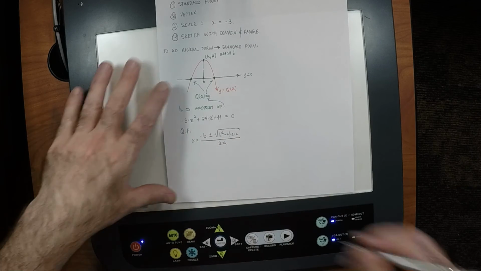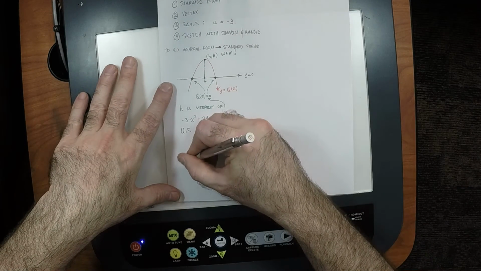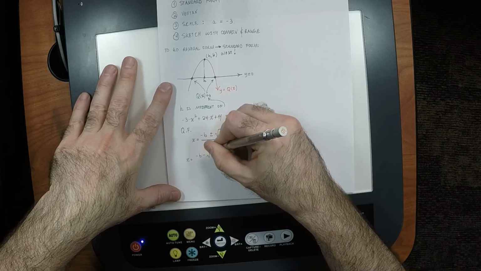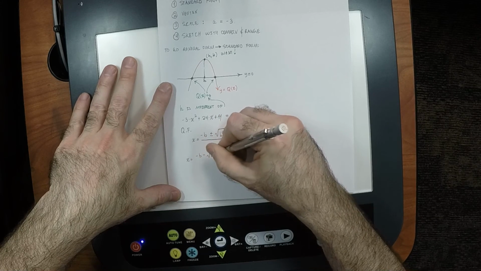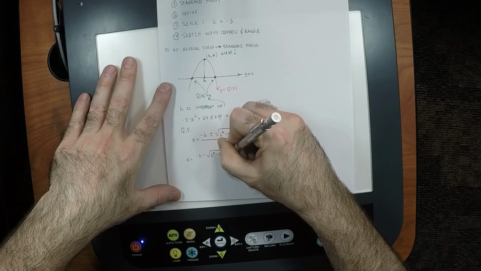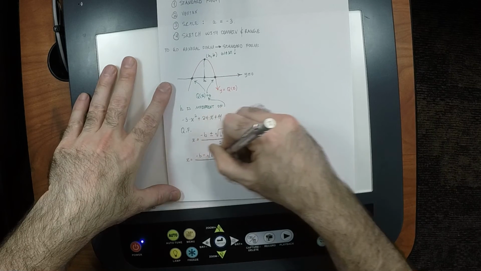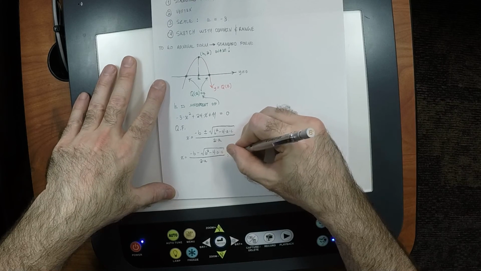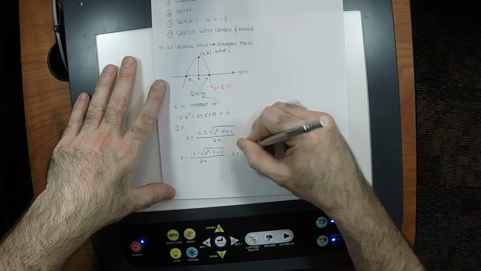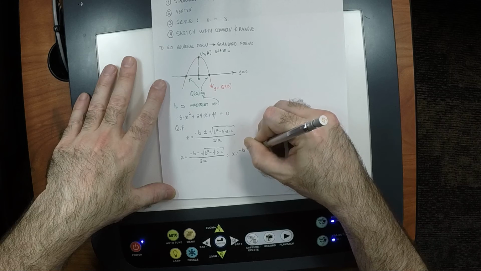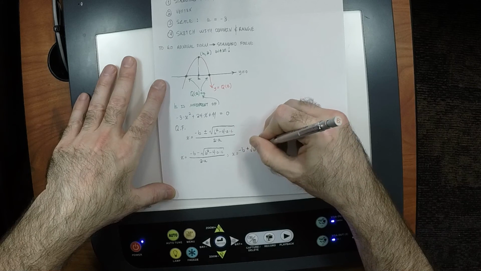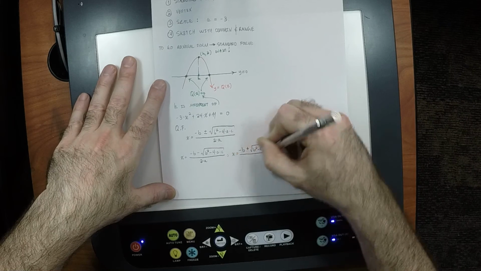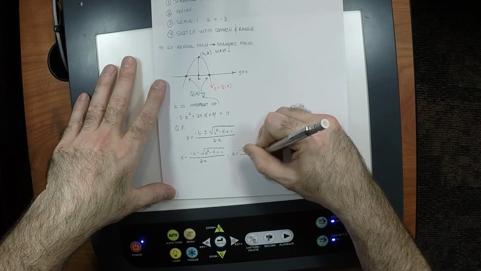So the 2 solutions are negative b minus the square root of b squared minus 4ac over 2a, and the other one is negative b plus the square root of b squared minus 4ac over 2a.